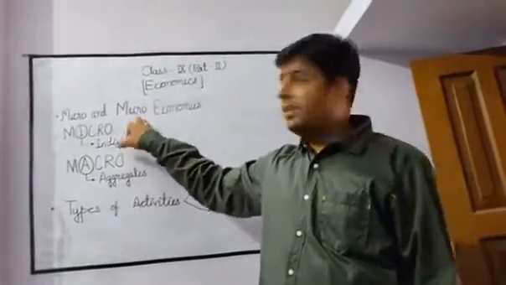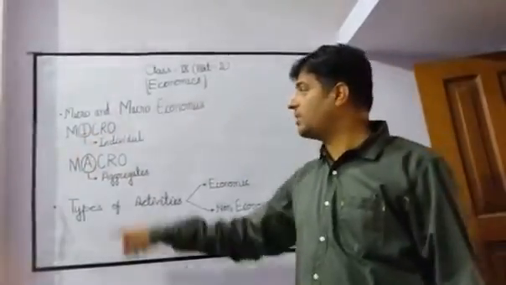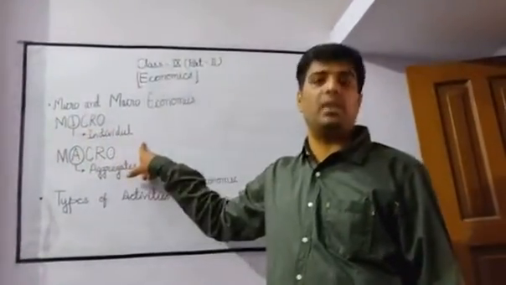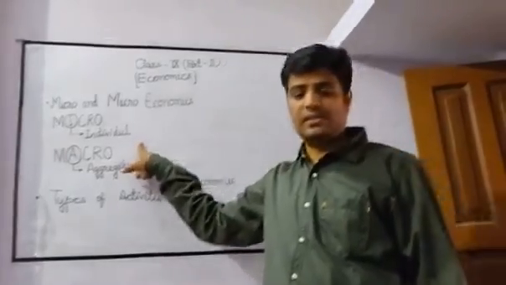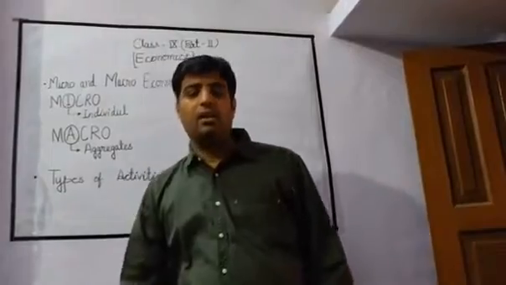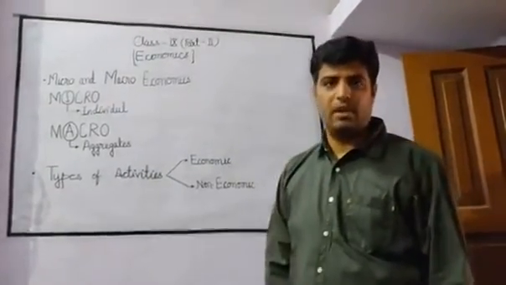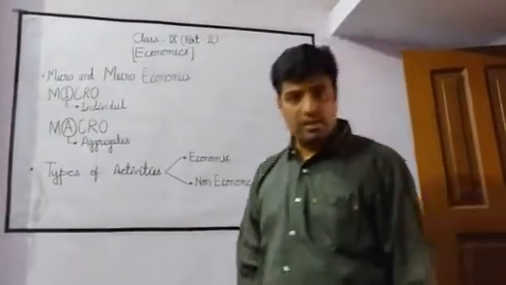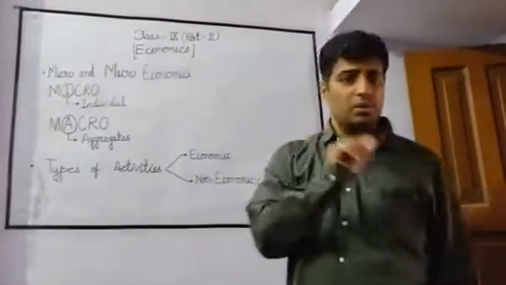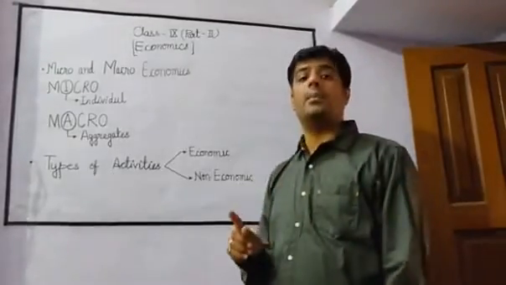In the word micro, the second letter is I, which stands for individual. It means here we study about the economic behavior of individuals, like individual consumers, individual producers, and individual factors of production.